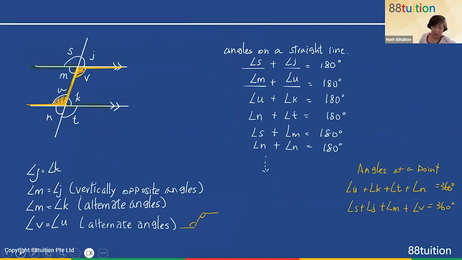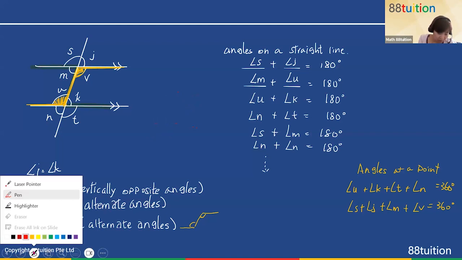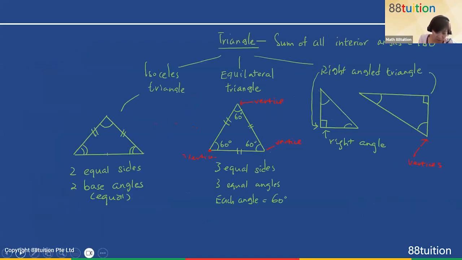If we come to parallel lines, with a pair of parallel lines, we are now talking about the Z, alternate angles. With a pair of parallel lines, alternate angles are the same. We've mentioned that before.